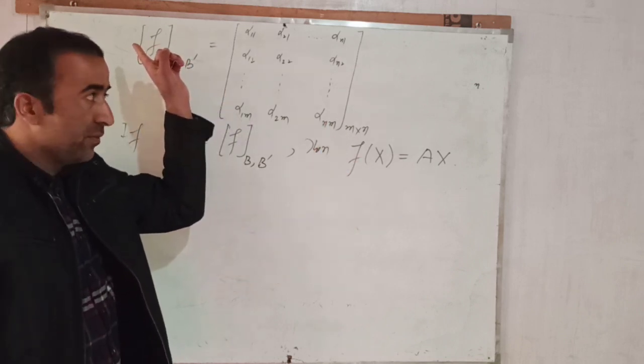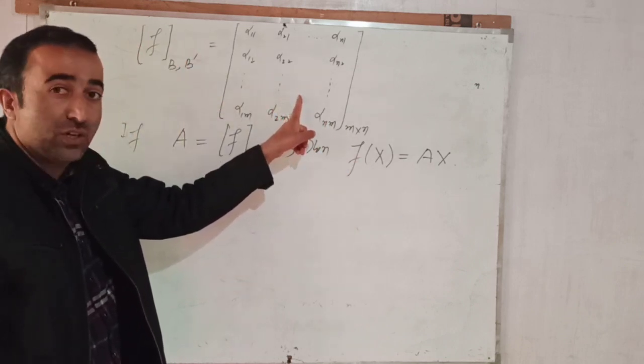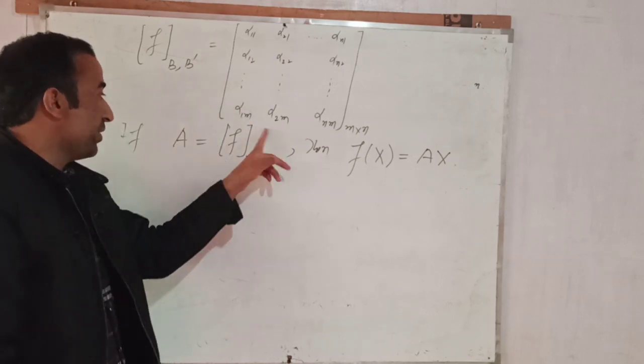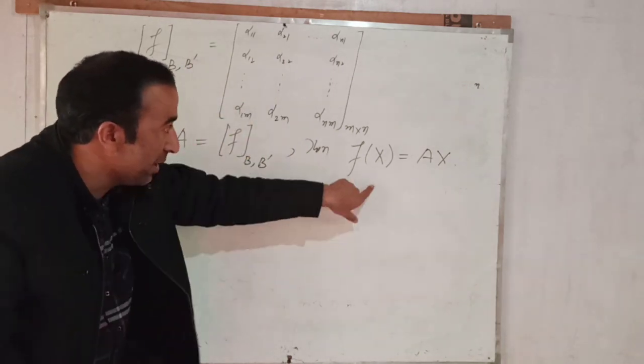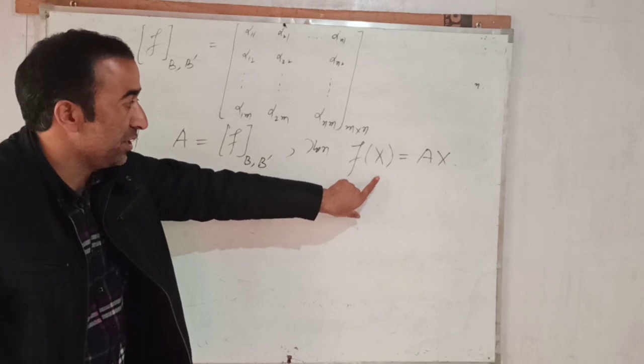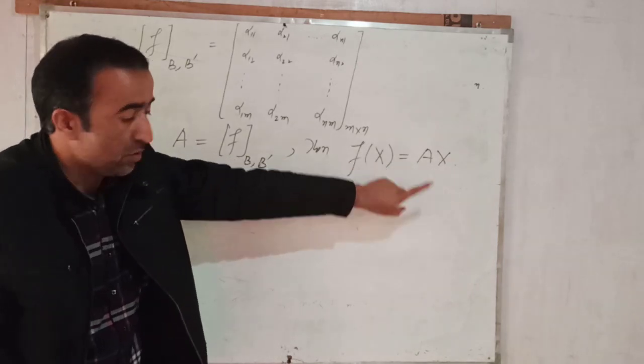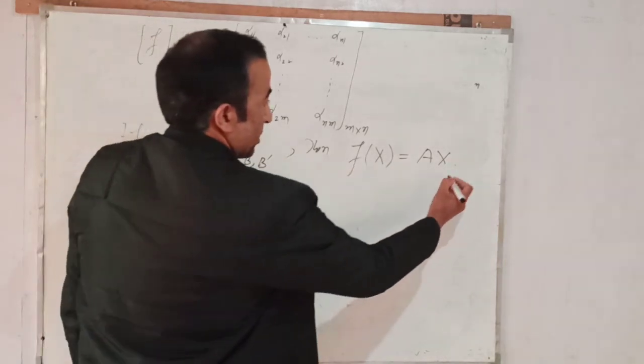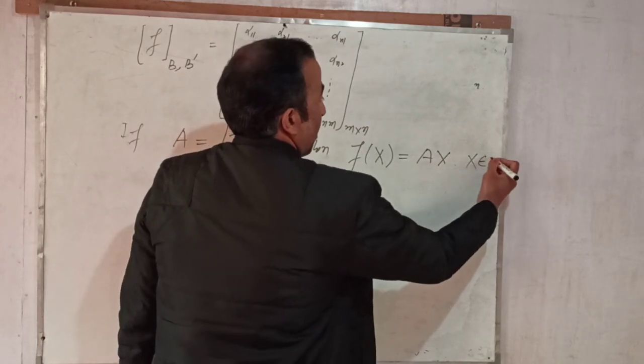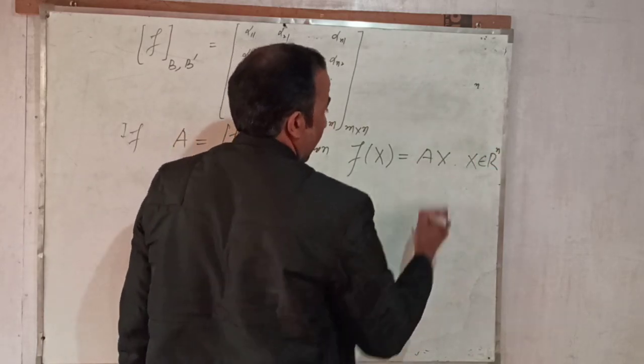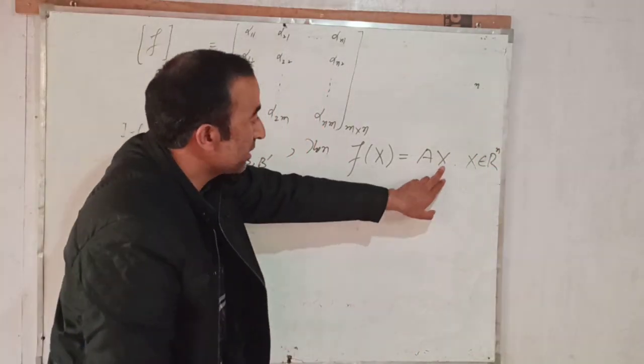Actually, you had F, you constructed the matrix representation of F. Now I use the matrix representation of F, I can get back that very linear function F, where in this case X is a point of R n. Of course, here I mean the column vector.